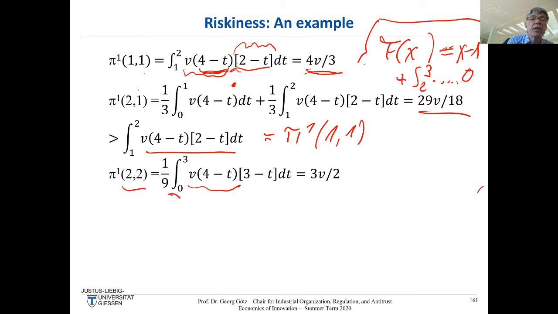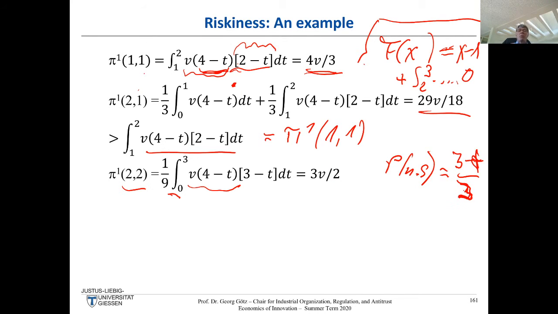This probability of not being successful would simply be (3 minus t) over 3.